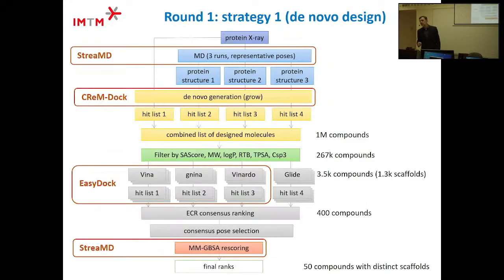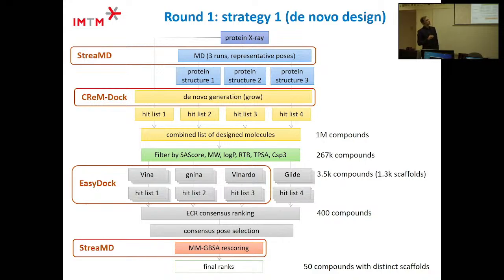And here is the general pipeline which we applied. We had a crystal structure of a protein. We performed MD simulations using the StreamMD tool, with which you are already familiar, I hope, after yesterday's tutorial. And we selected 3 representative protein structures from every simulation. Then we performed de novo generation using the docking algorithm.